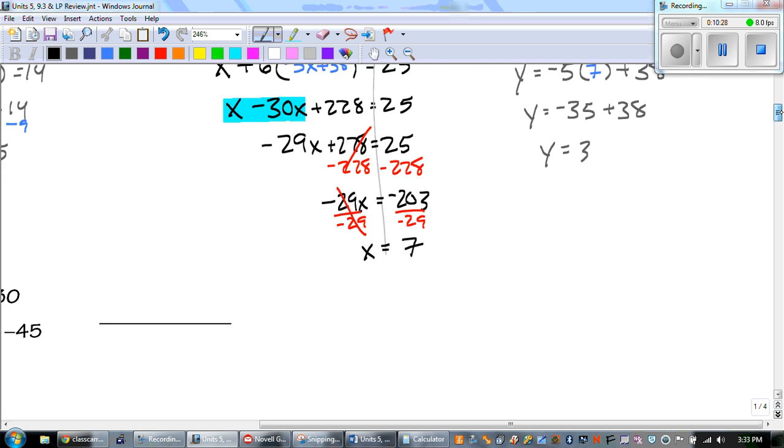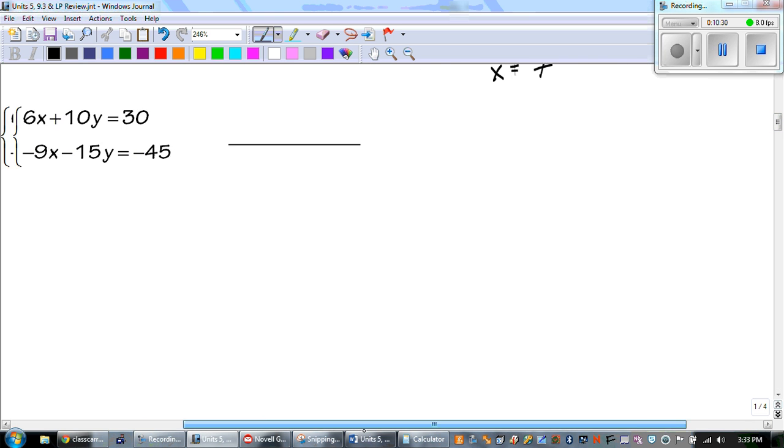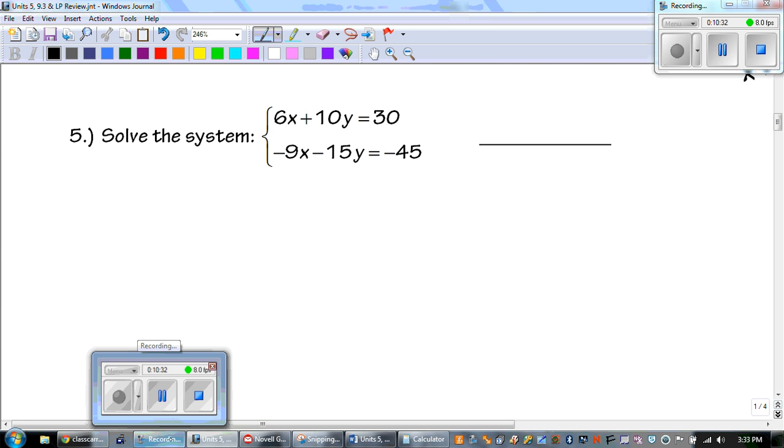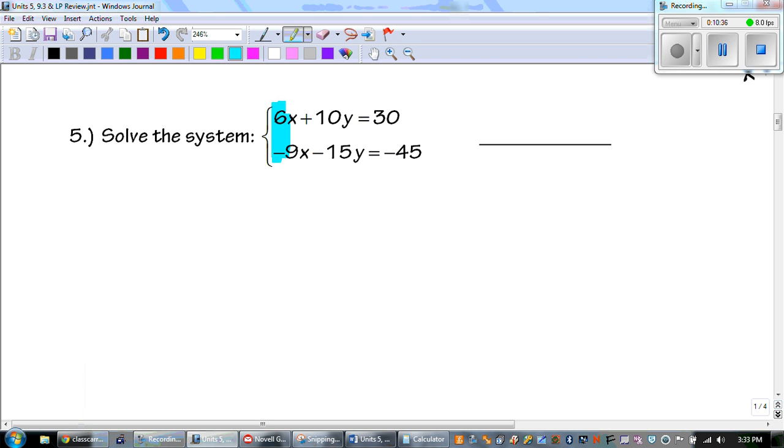Okay, let's look at number 5. Okay, once again, we are solving the system. And looking at it, our x's and y's are both lined up, so I want to do elimination. So, 6 and 9.